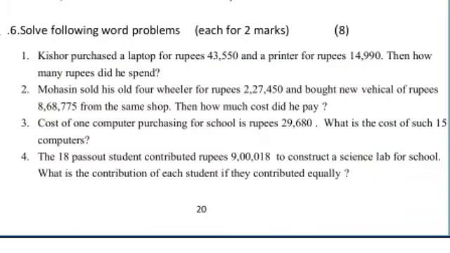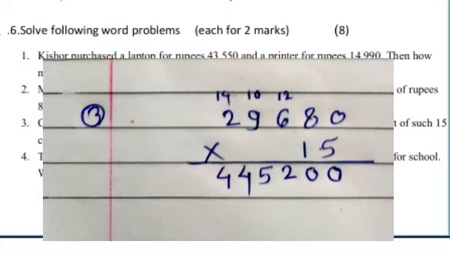Third, cost of one computer purchasing for school is rupees 29,680. What is the cost of such 15 computers? Here given is cost of one computer and find cost of 15 computers. So we have to do a multiplication, and that is like this.